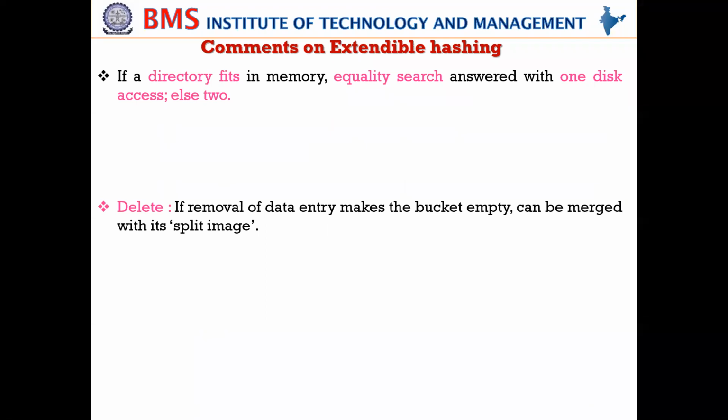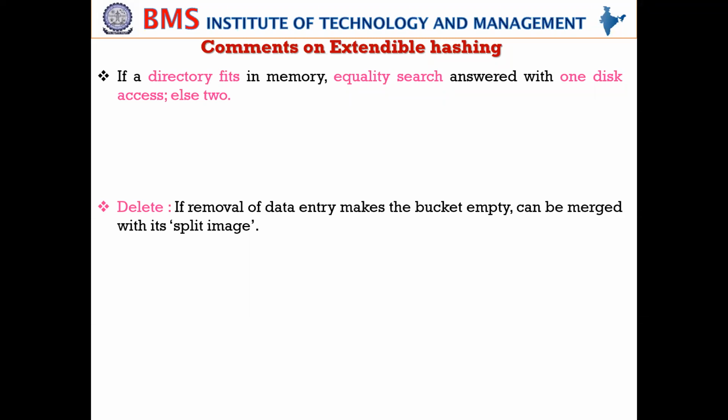Suppose the directory you're creating can fit inside your main memory, whenever you're performing the various file operations. Then consider an equality search. What is an equality search? For example, I want to check if a person with so and so name is part of your file.